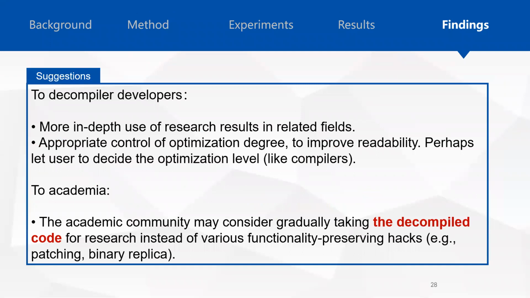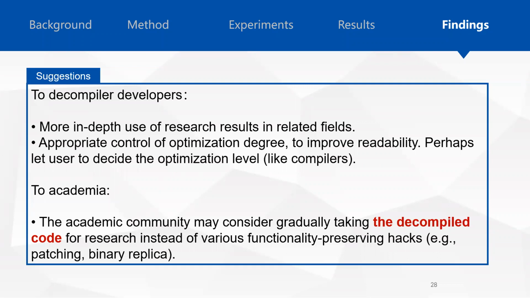At last, we have some suggestions. To developers, maybe more research results can be applied in modern decompilers. For example, academic researchers have proposed lots of variable and type recovery methods with promising results. Another thing is modern decompilers seem to go too far and hurt the readability of their outputs with aggressive optimization.